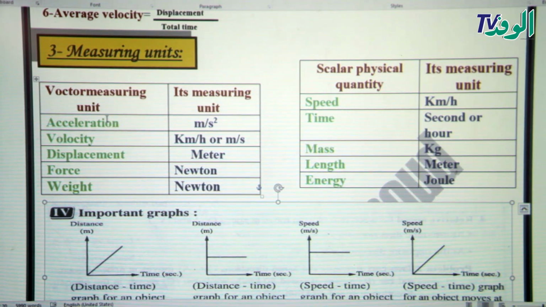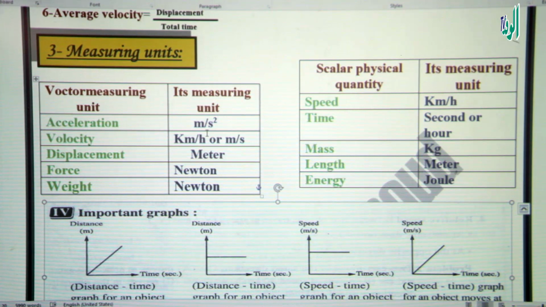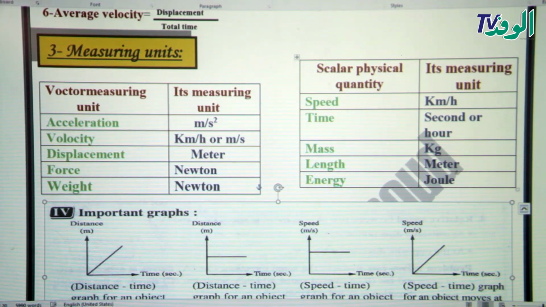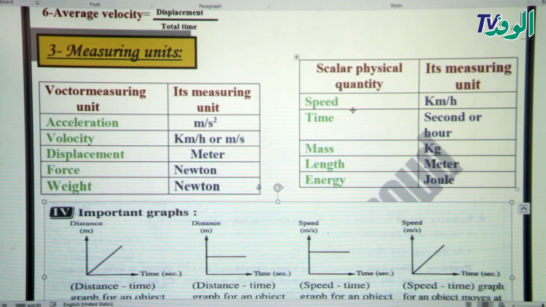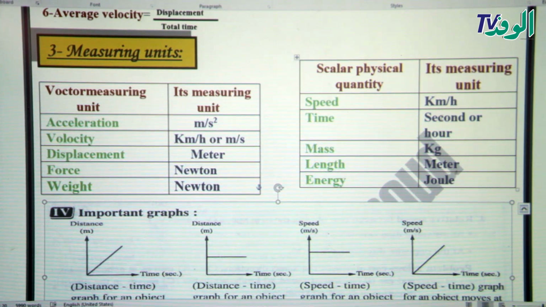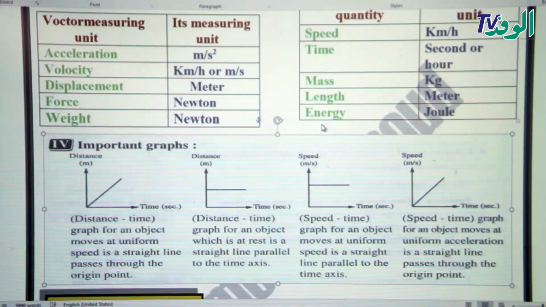All of these are examples of vector measuring units. What about the scalar? Scalar physical quantities such as speed measured by kilometer per hour or meter per second, time, maybe in second, maybe in hour, while the mass is measured by kilogram, length by meter, and energy by joule.